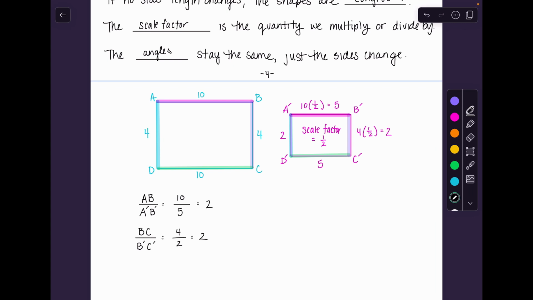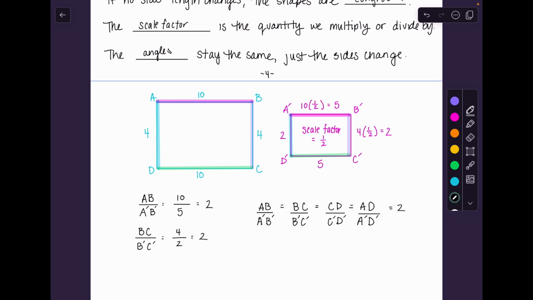And really, no matter what pairs I look at, you're gonna end up with the same thing. So if I take side AB, BC, CD, or AD, and I divide it by the corresponding side, you're always going to get this quantity, 2. Okay. So in this case, it will always be 2.